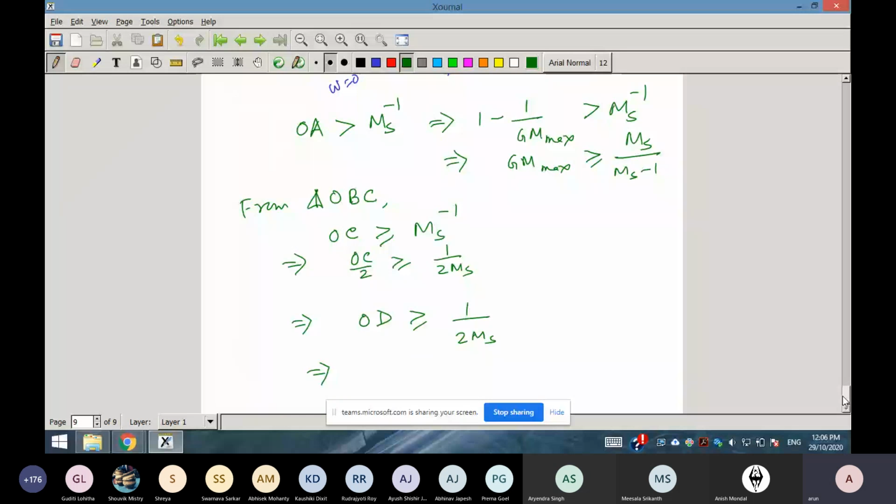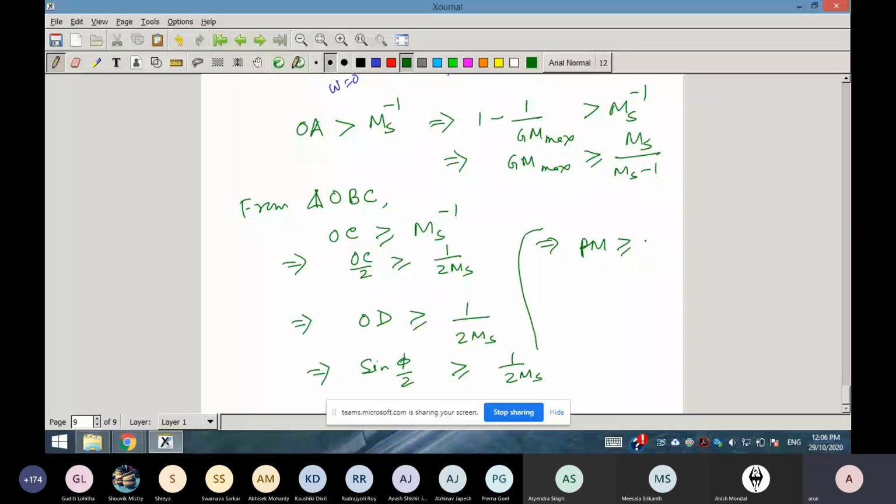So OD will be equal to just sine of phi by 2. This is equal to 1 by 2 MS. So this implies phase margin is greater than or equal to 2 sine inverse 1 by 2 MS.